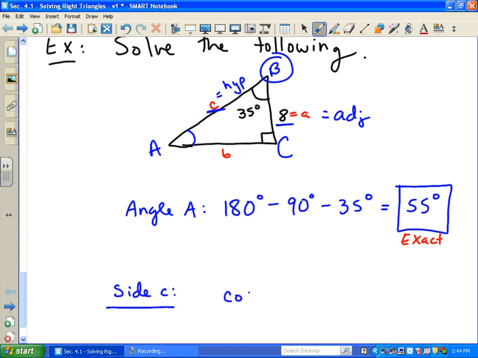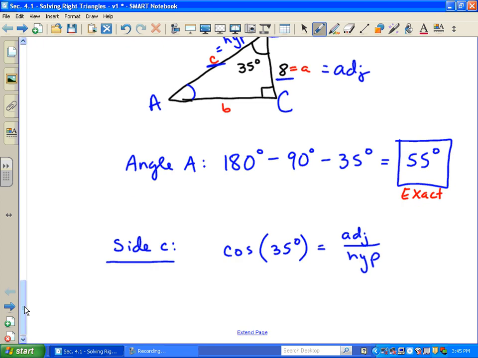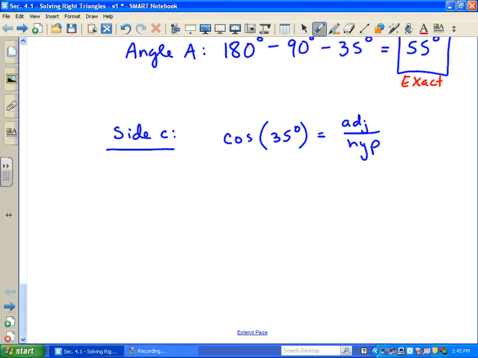So I'll say cosine of 35 degrees equals adjacent over hypotenuse. Well, I know the value of the adjacent side, that's 8. So I have the cosine of 35 degrees equals 8 over, I don't know the hypotenuse, I'm going to use C because that's what I'm wanting to find.